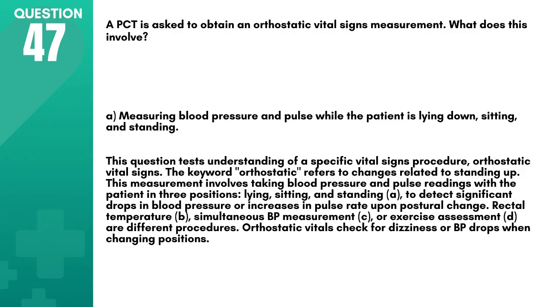This measurement involves taking blood pressure and pulse readings with the patient in 3 positions, lying, sitting, and standing, A, to detect significant drops in blood pressure or increases in pulse rate upon postural change. Rectal temperature, B, simultaneous BP measurement, C, or exercise assessment, D, are different procedures. Orthostatic vitals check for dizziness or BP drops when changing positions.